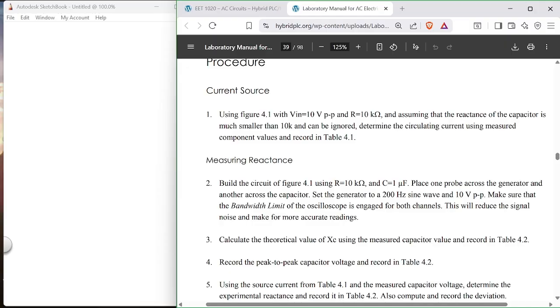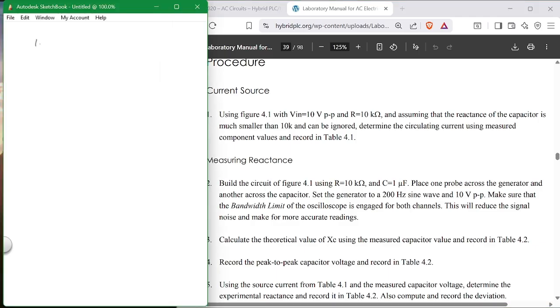So you don't worry about that. We're not going to use the voltmeter and measure the RMS values today. We're going to be measuring everything based on the height of the signal, okay? So you're going to key in on the signal generator, 10 volts peak to peak, and that's going to be the value that you're going to use.